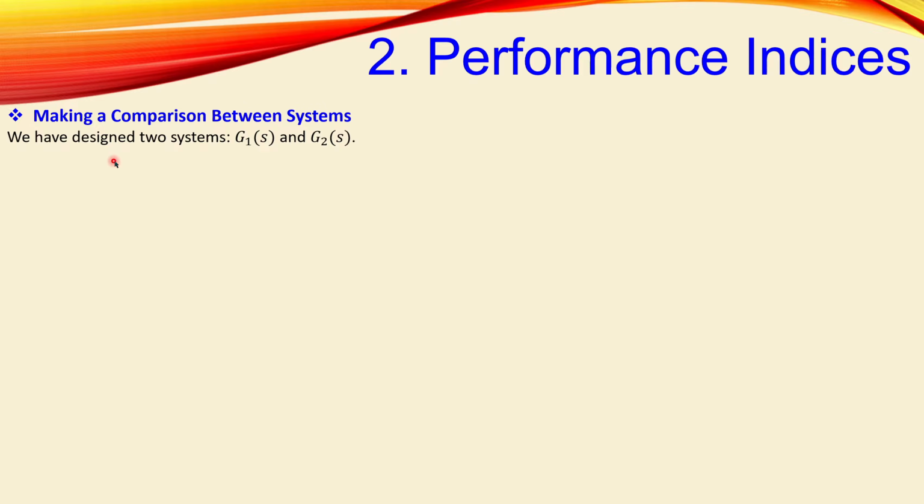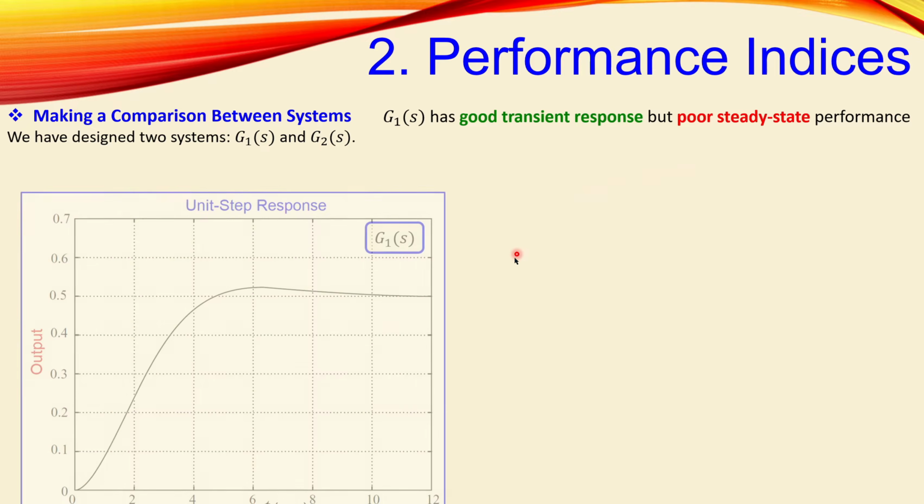Now let's look at the performance indices, because why do we need that? Let's make a simple comparison between two systems we have designed. According to the specifications, G1 and G2 are produced. So G1 has a good transient response, but really poor steady state performance.